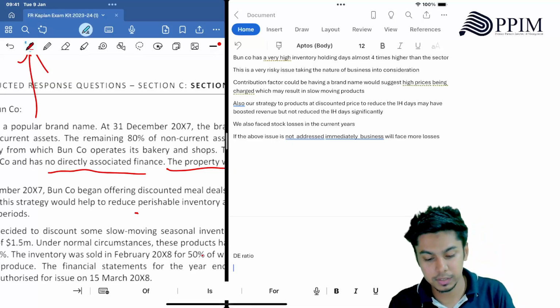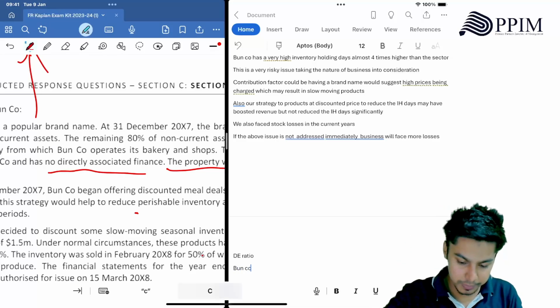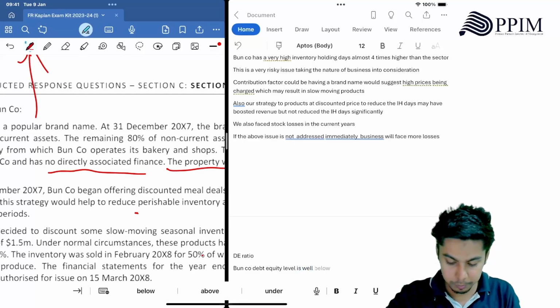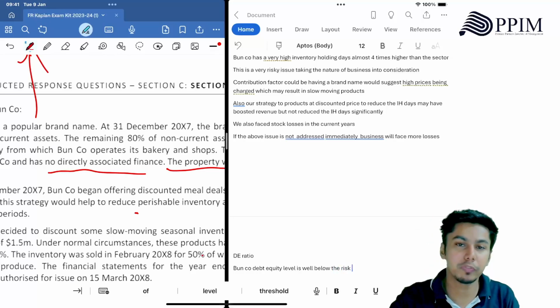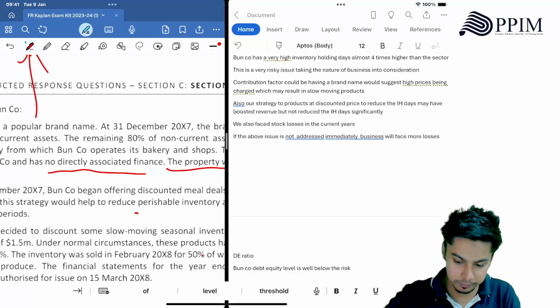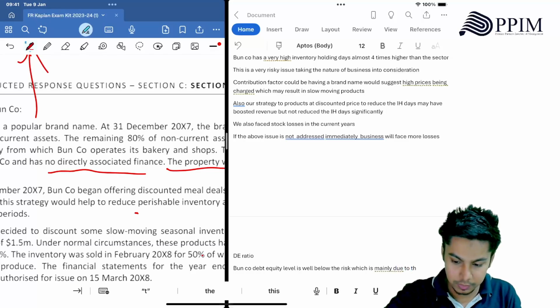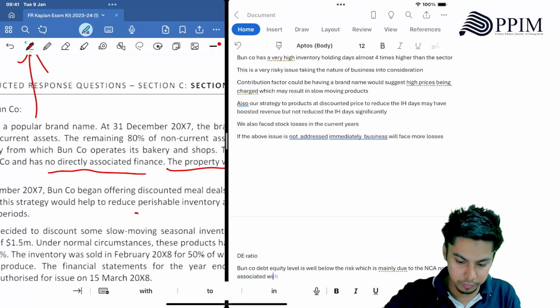No, rent comes under expenses only. Okay, right, so we can just start writing. One corporation's debt equity level is well below the risk level. When I say well below the risk, usually they suggest it to be 50% or less. This is mainly due to the non-current assets not being associated with any finance.